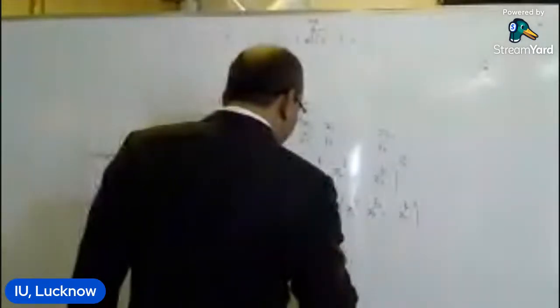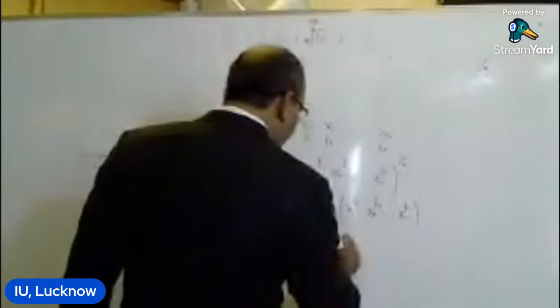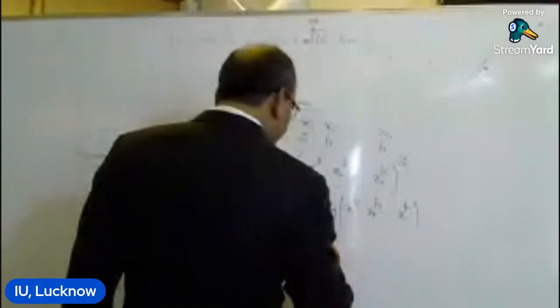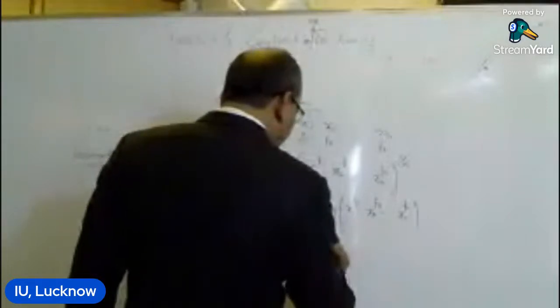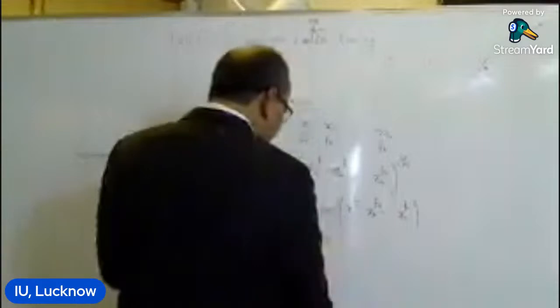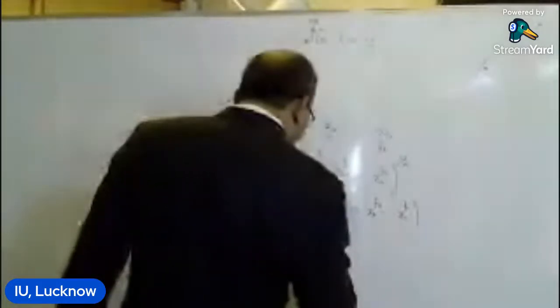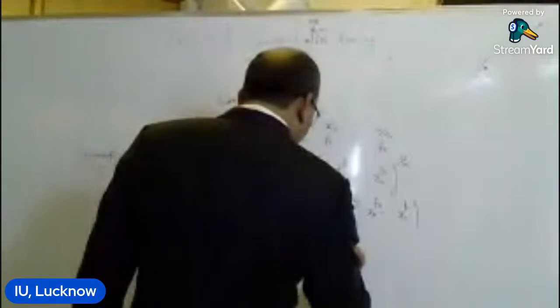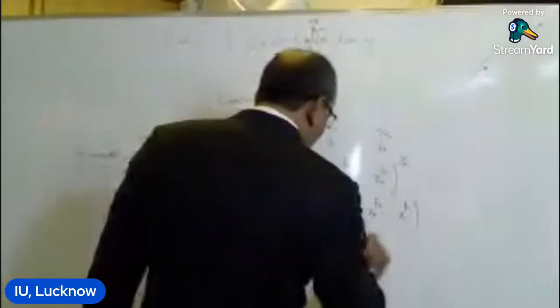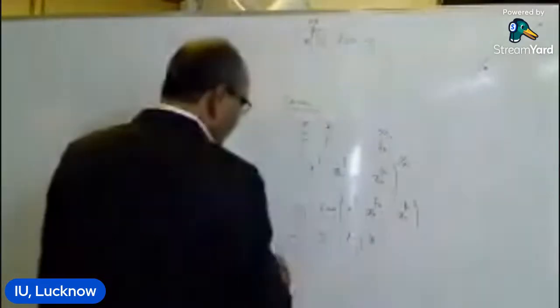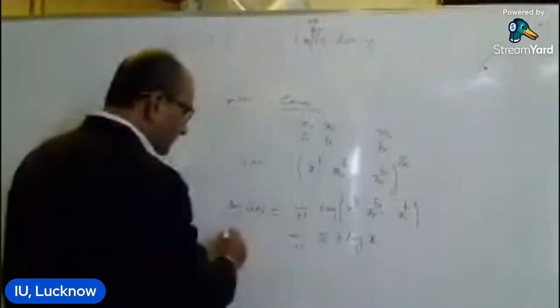If you simplify this, you will get the summation of fi log xi, which gives log GM.